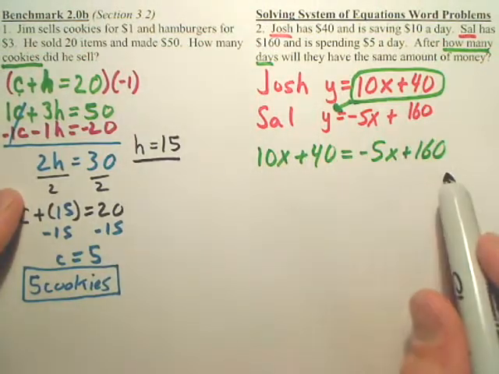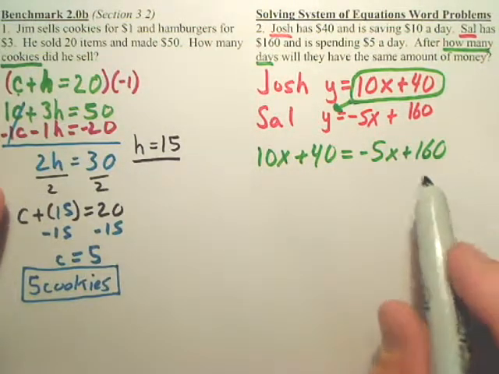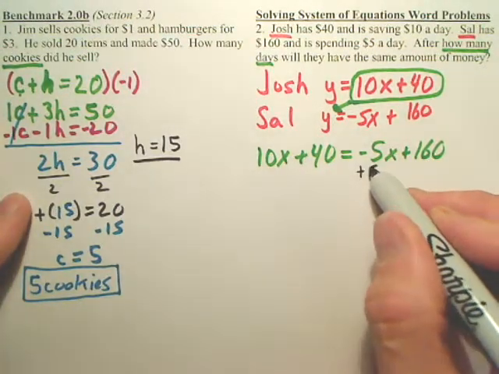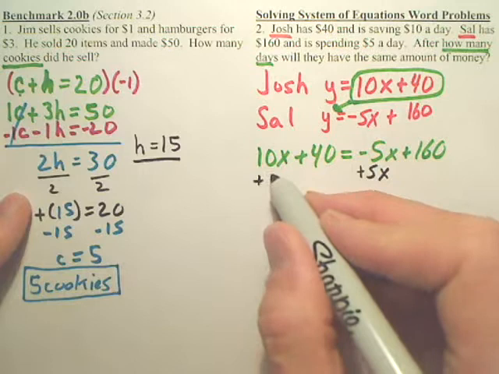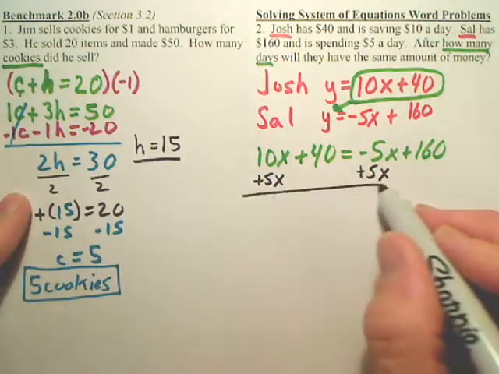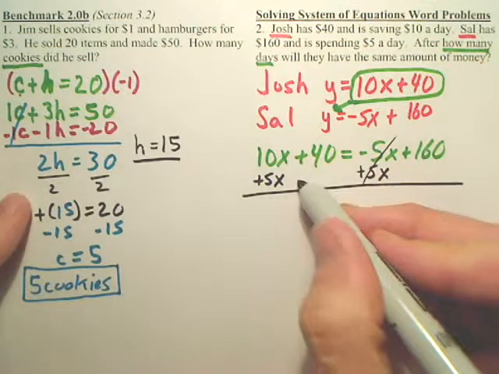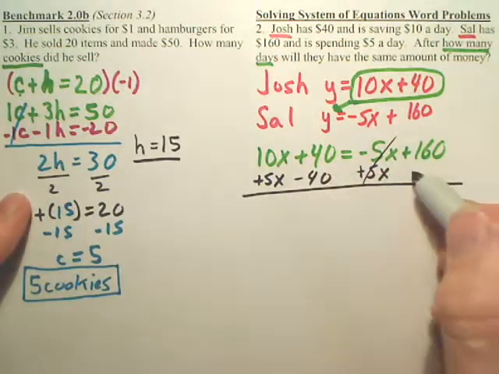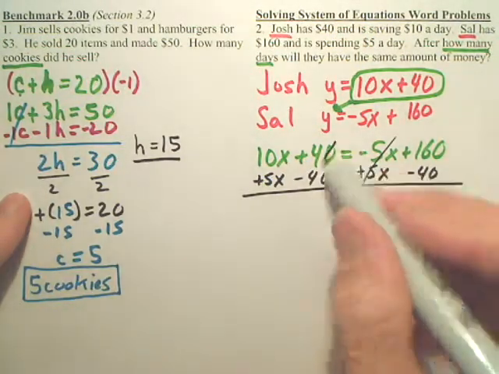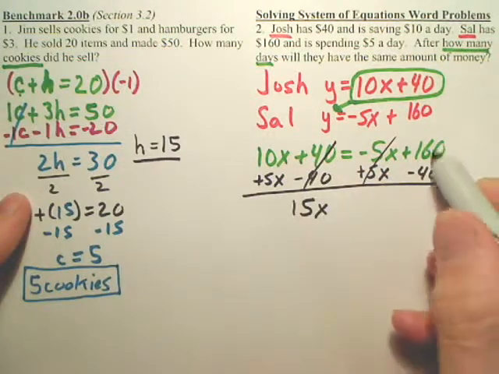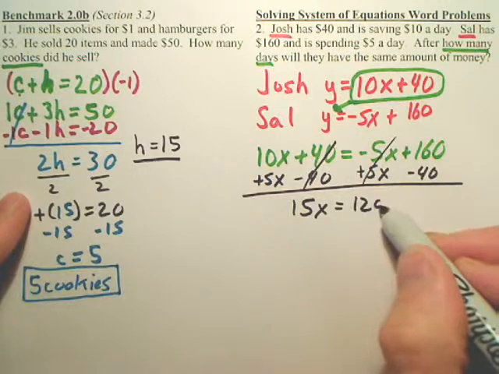We now have a new equation, and basically we want to solve for X, because X is the amount of days. So if we solve for X, I'm first going to add the 5X over. And that's gone. And I'm also going to do 2 steps. I'm going to minus the 40 this way. And that'll be gone. So it looks like we have 15x equals 120.